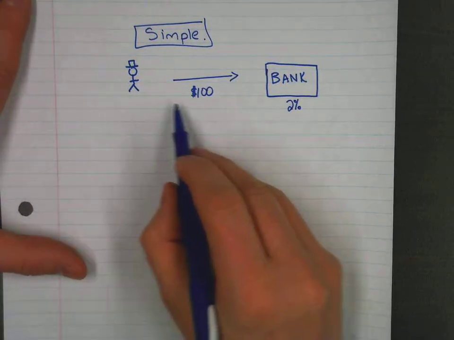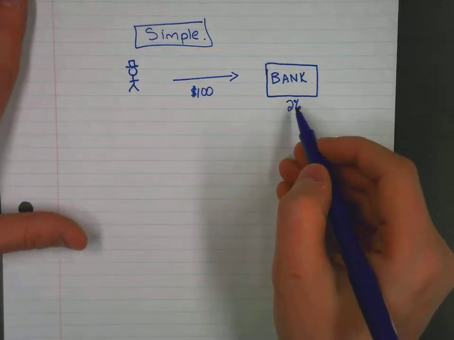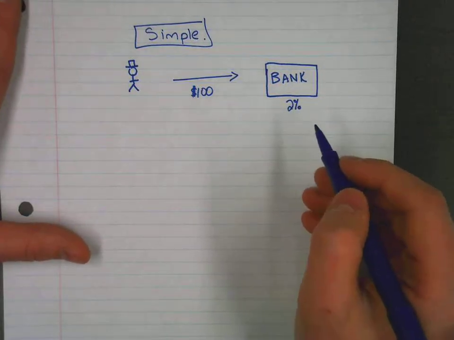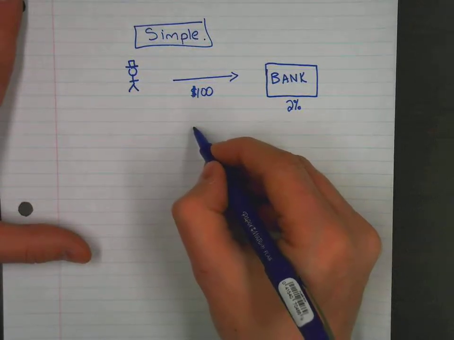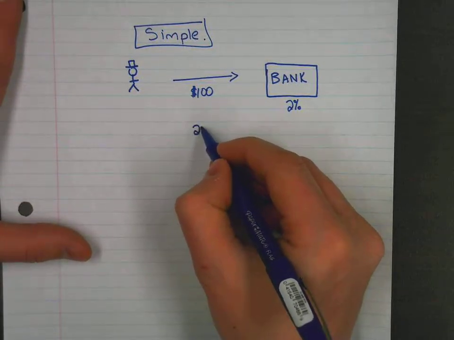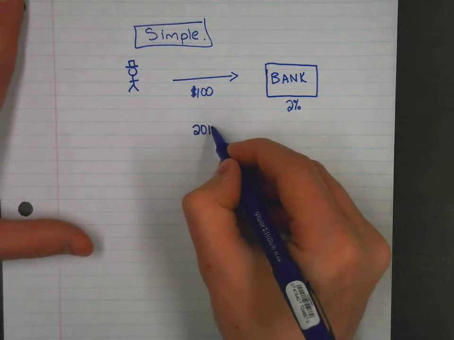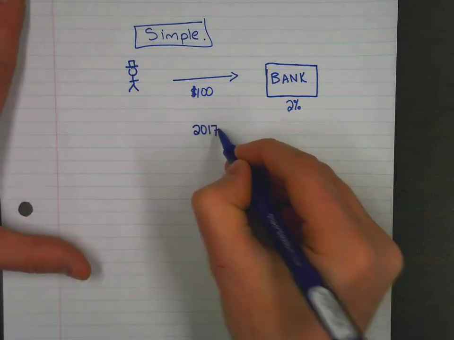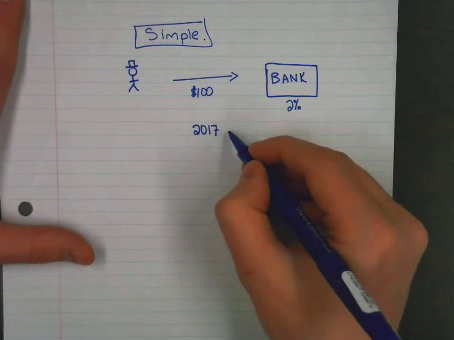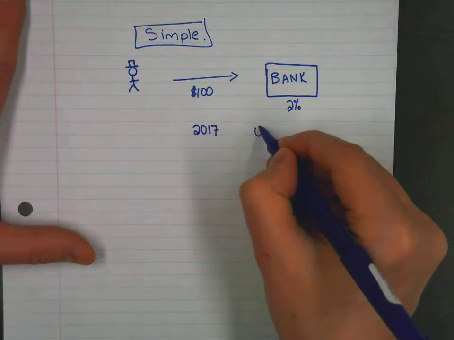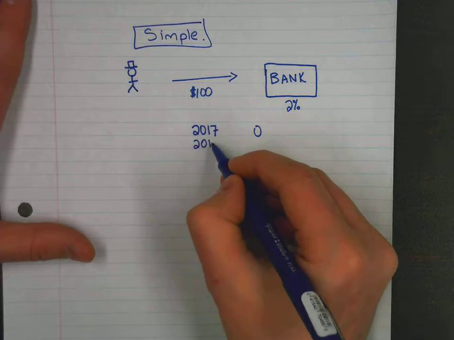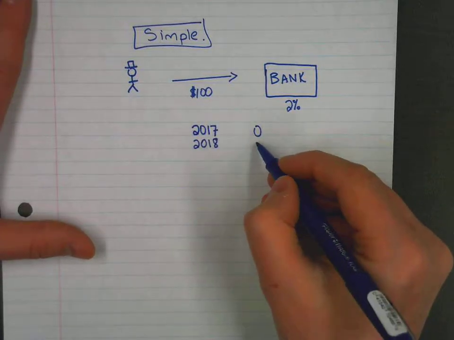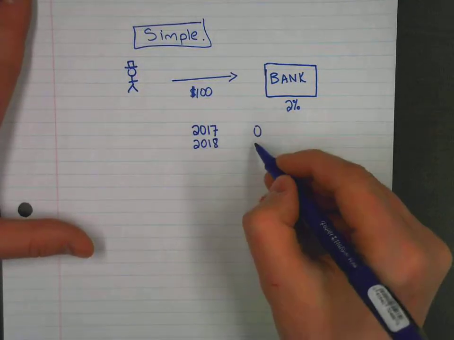So you give the bank $100, and they'll say, all right, come back in a year and we're going to give you 2% of your investment. So currently it's 2017 December. You invest your $100, and so you have nothing. You come back the next year, and they're going to give you 2% of $100.